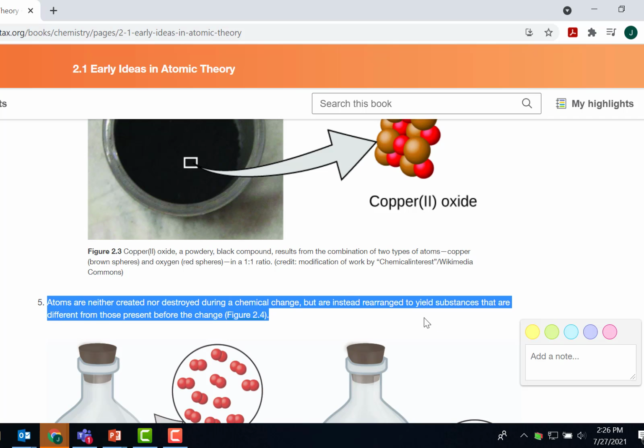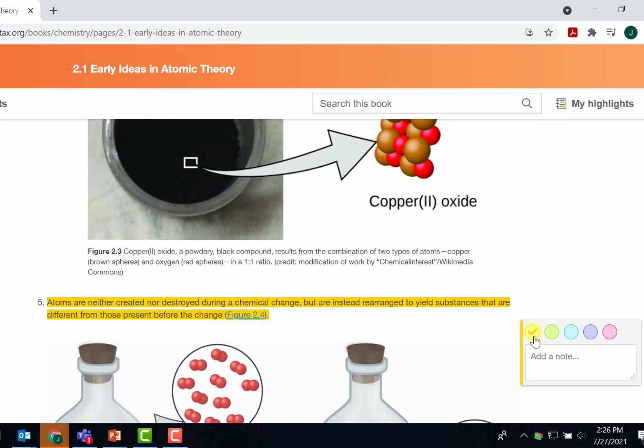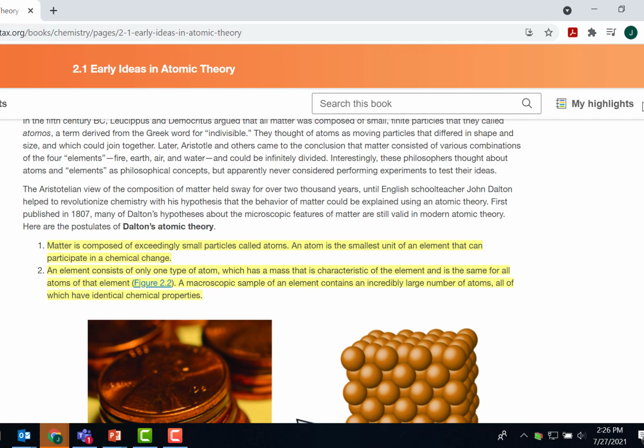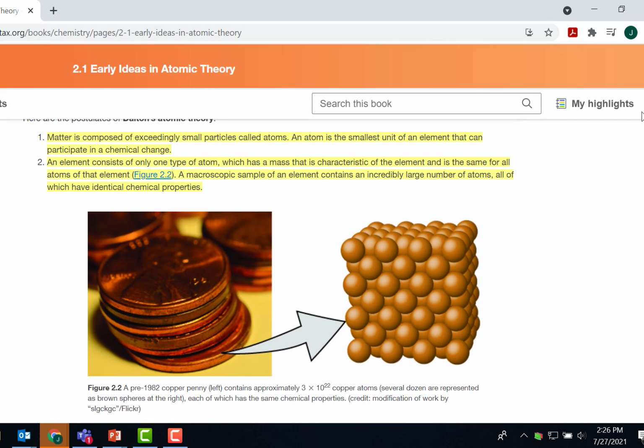atoms are neither created nor destroyed during a chemical change, but are instead rearranged to yield substances that are different from those present before the change. Okay, so these are the postulates of the atomic theory. So the idea at the time was sort of a novel idea. Well, not novel, of course, the Greeks had the idea too, but novel in the sense of experimental evidence was leading to this idea, which was those two laws.